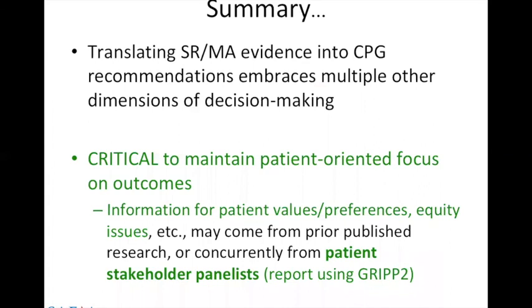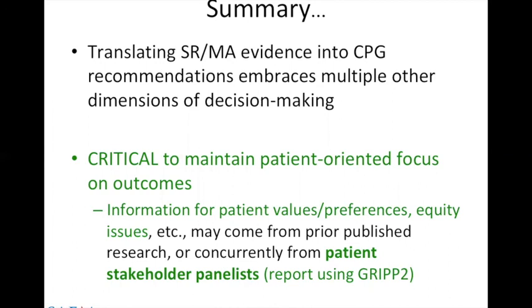So wrapping it up, I know this was a long whirlwind. Translating your research evidence into guideline recommendations has to embrace other areas and domains, including patient values and preferences, resource issues, and then finally implementation issues. It's always critical to maintain a patient-oriented focus on all of these discussions and evaluations.